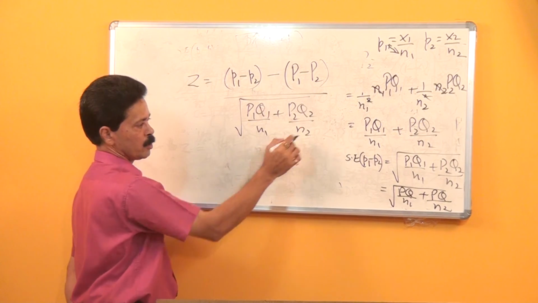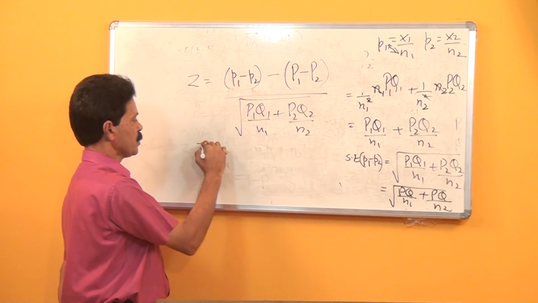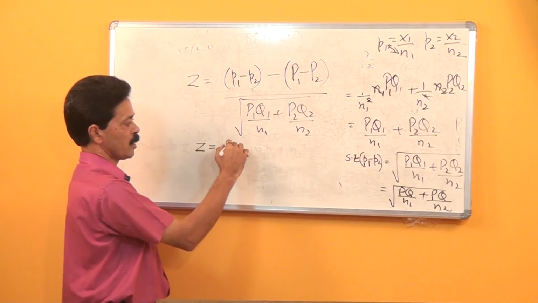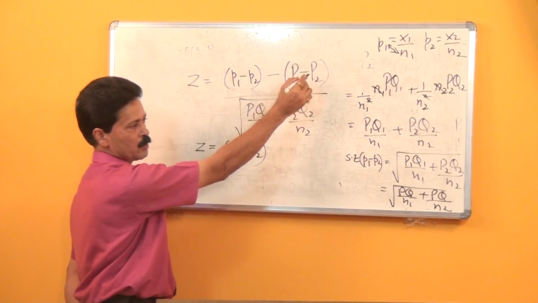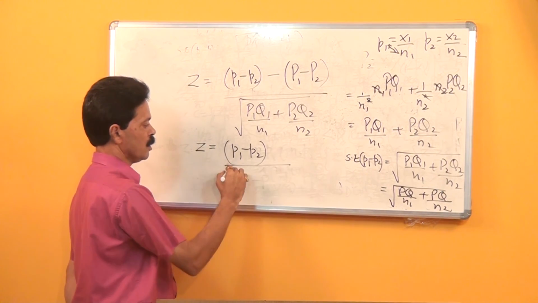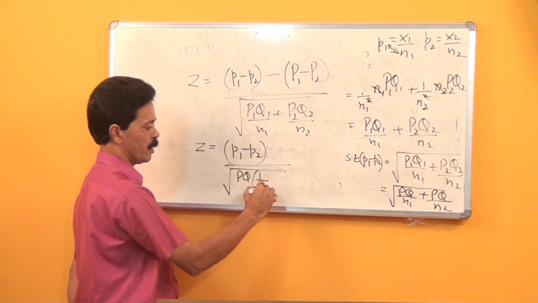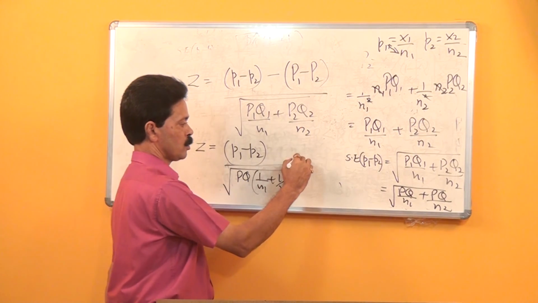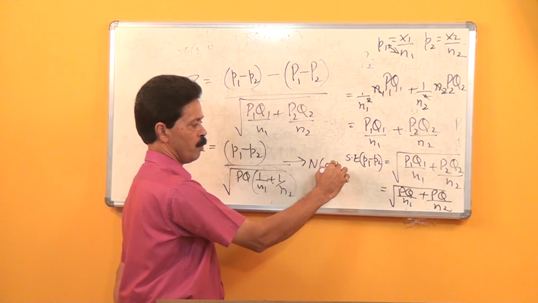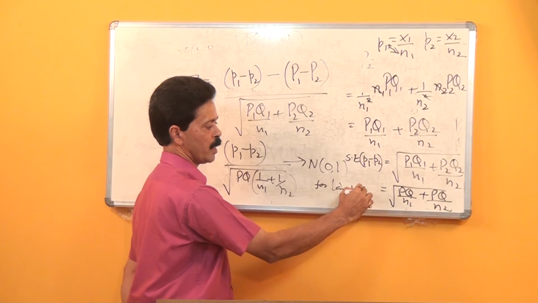Under H0 you have already computed the standard error, hence under H0 the test statistic is given by P1 minus P2 minus 0 divided by the standard error, that is the square root of PQ into 1 over n1 plus 1 over n2. This tends to normal 0, 1 for large values of n1 and n2.